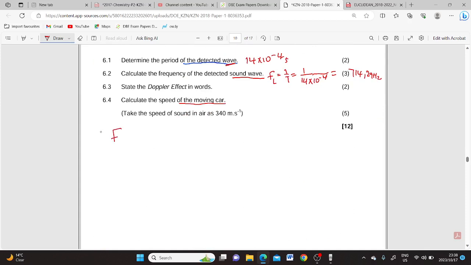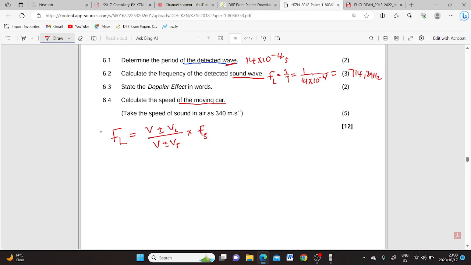The formula says the frequency of the listener equals V plus or minus V of the listener over the velocity of the sound plus or minus the velocity of the source, multiplied by the frequency of the source.